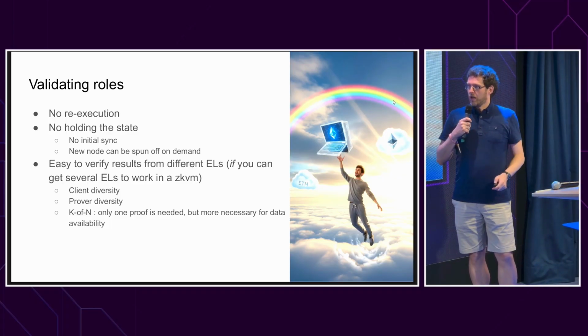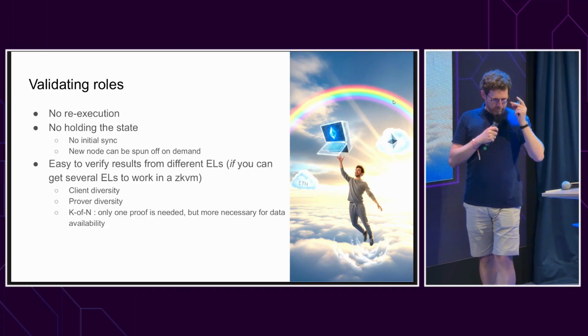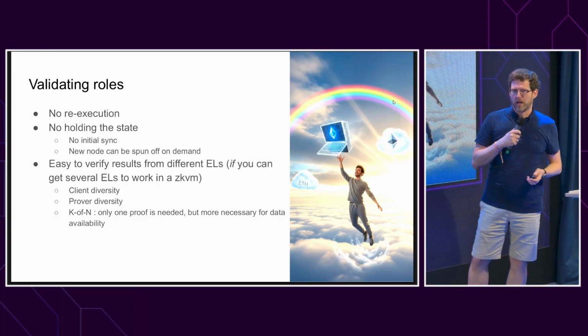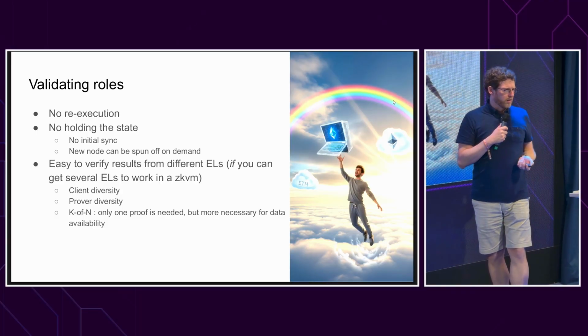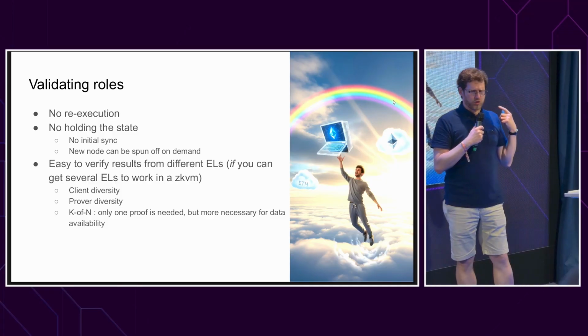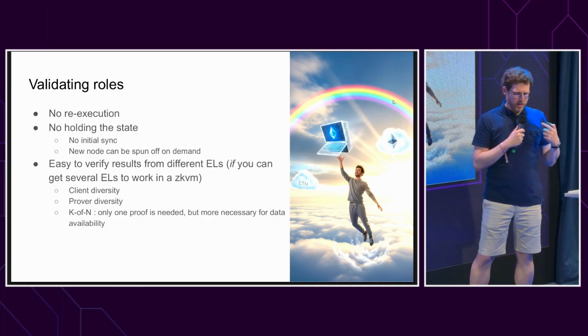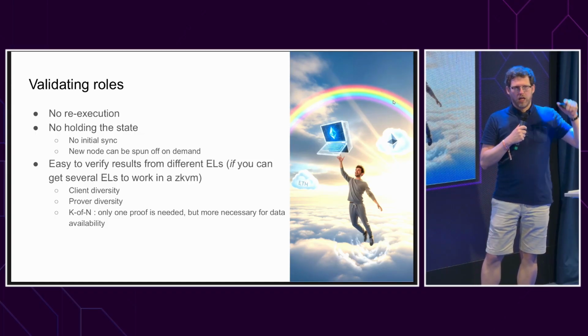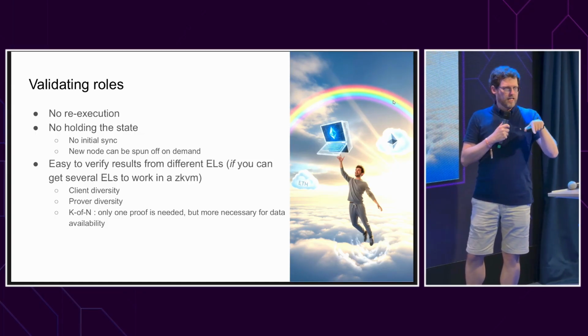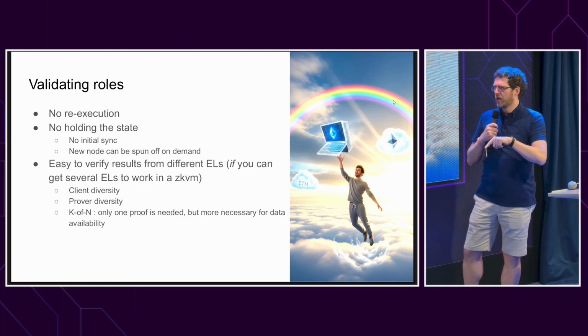People might remember this post by Peter Szilagyi around the last DevConnect, which was about what he called true client diversity, where a client would produce a witness to be able to re-execute that block.